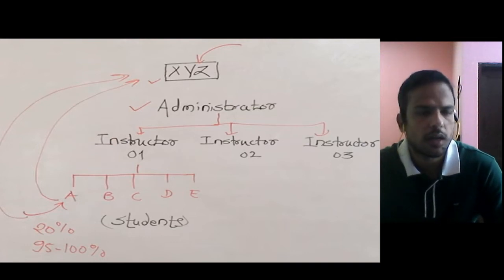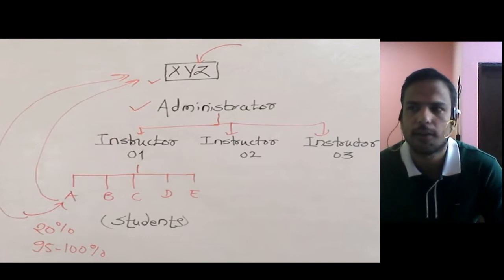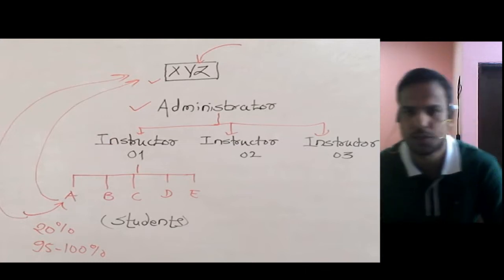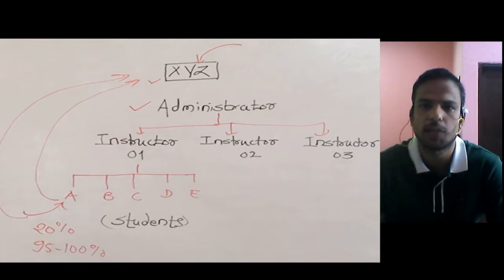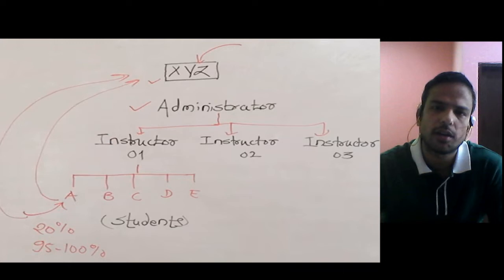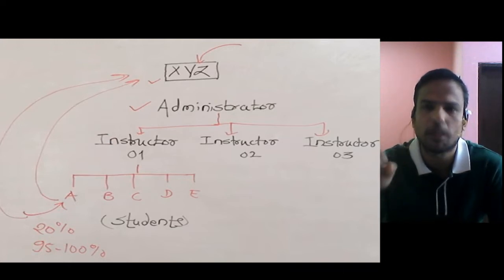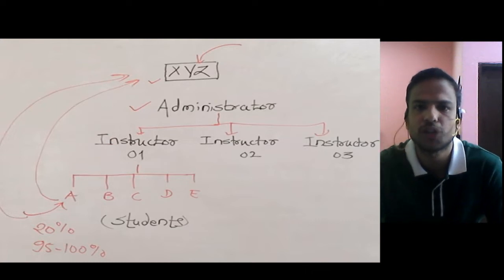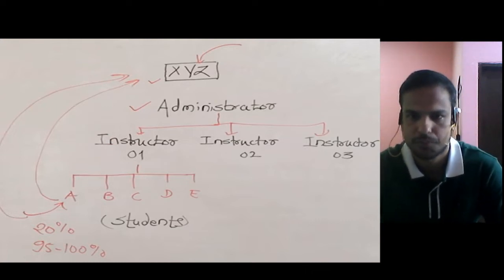Suppose, as I have already said, that this software can be purchased by a university or organization. Suppose XYZ here is a university or organization that has recently purchased this software. In order to access this software, there should be an administrator, and this administrator will be appointed by the university.